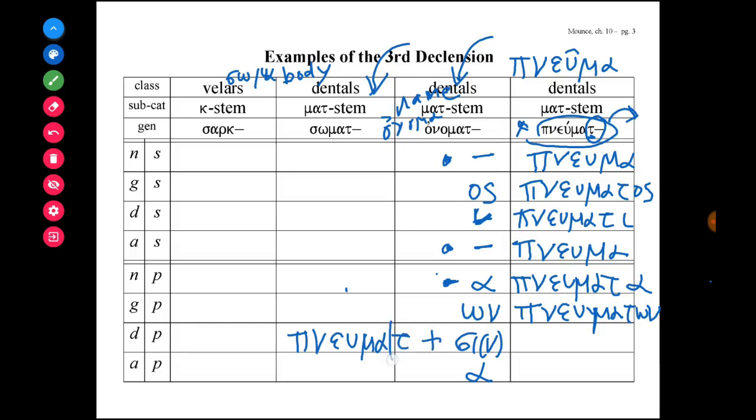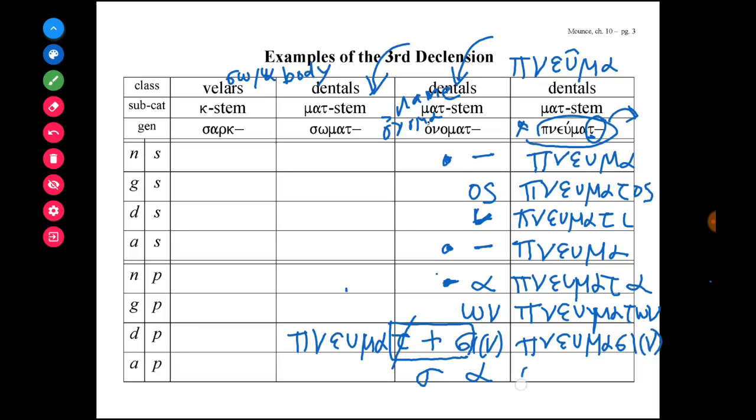Remember what happens when a tau and a sigma come together? The dentals don't really have a separate letter for their fricative, so what happens? The tau drops, and they use the sigma for their fricative. So the dative plural is pneumasin, or to spirits.